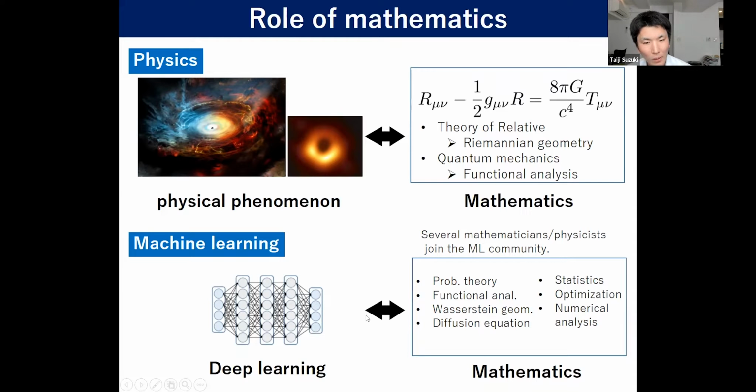So in addition to machine learning researchers, mathematicians and physicists are joining the machine learning community, and we are developing new theories that can explain the behavior of deep learning, and new mathematics has also been developed for that purpose. In that sense, the relation between deep learning and mathematics is very similar to that between physics and mathematics 100 years ago.